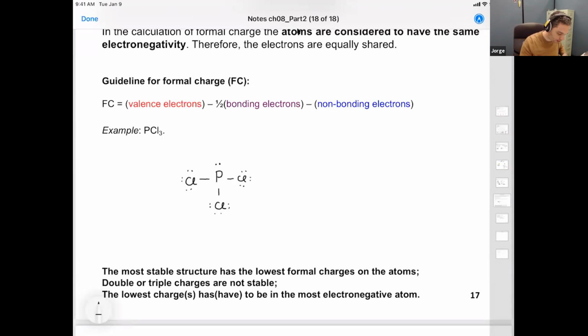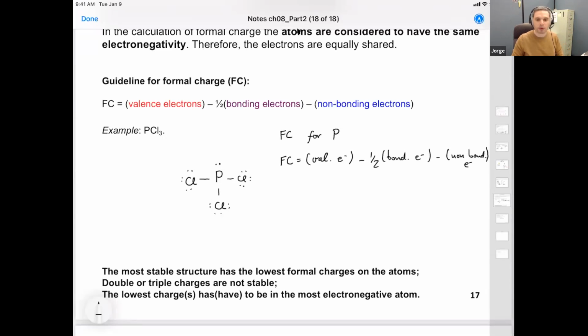Okay, so let's start calculating the formal charge for phosphorus. Remember that formal charge is equals to the number of valence electrons minus half of the bonding electrons minus the non-bonding electrons.